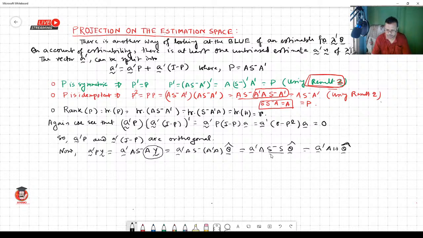I denote S G inverse S by H, so this is AH theta curl hat, and we know, I think result 2, that AH is equal to A.